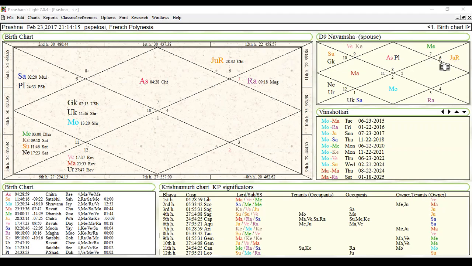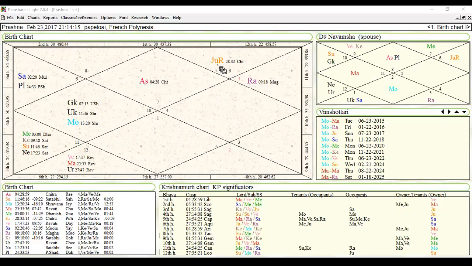Not because it's in Virgo. It's not Vargotama, meaning being in Virgo. Vargotama is a term, let me write this down, which means the best division. It's a source of strength that a planet gets by occupying the same sign in the D9 as it does in the D1.